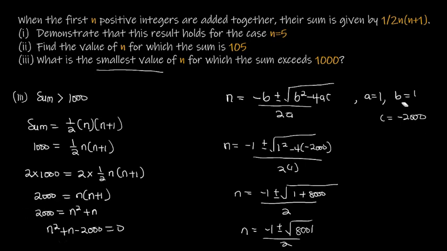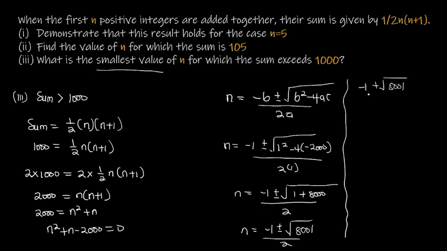So let me grab my eraser and get some space over here. From here I can do two things. I have minus 1 plus the root of 8,001 over 2, and if I simplify this in my calculator, it will give me 44.22, or minus 1 minus the root of 8,001 over 2.